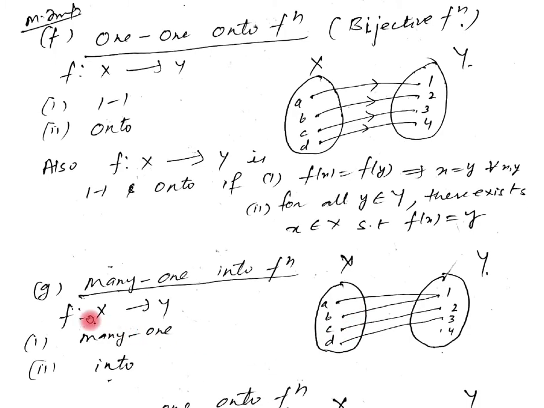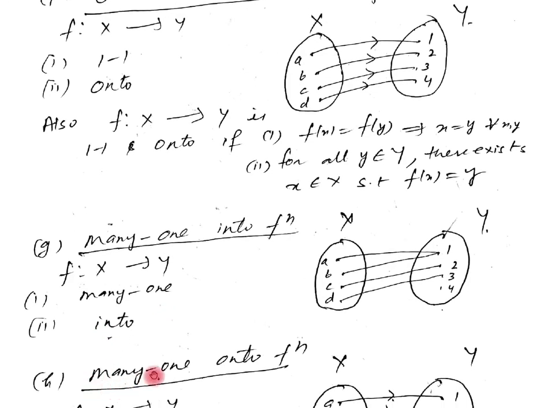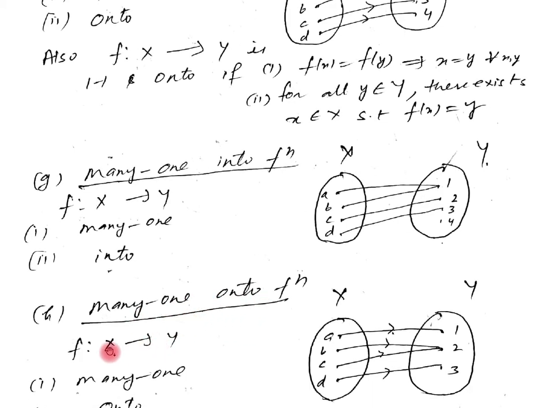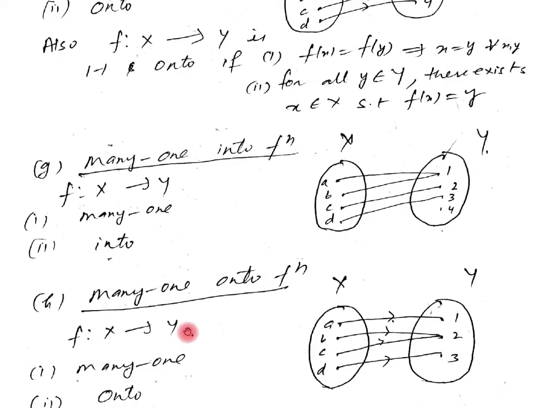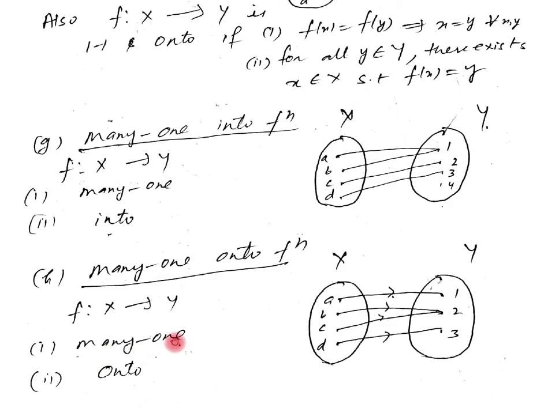So f is a function from x to y, it should be many-one and into. And many-one onto function means the function should be many-one and it should be onto.